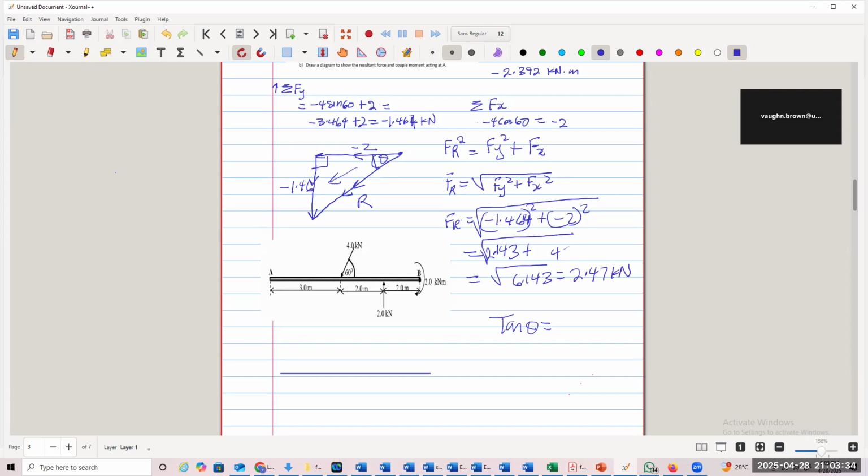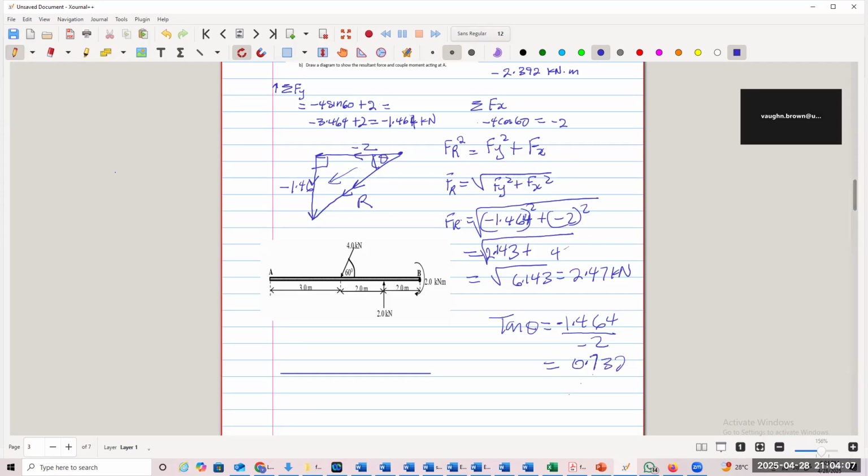Your question is probably gonna ask you to be more specific. So it is going to be 1.46, minus because it is going down, divided by minus 2. So this is gonna give me 1.464 divided by 2, so you're gonna get 0.732.